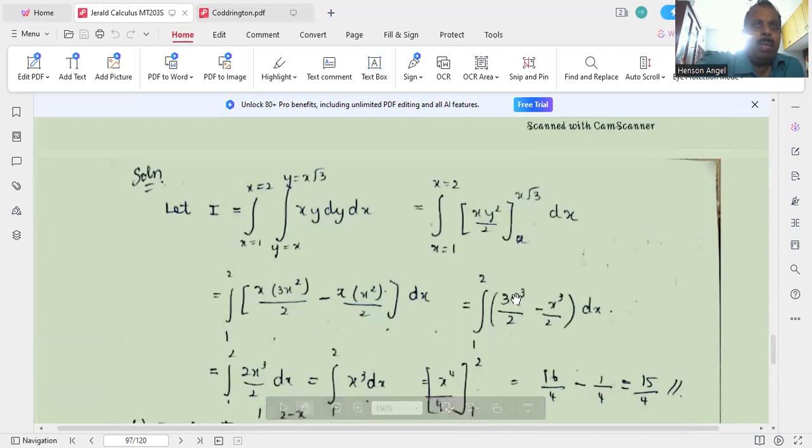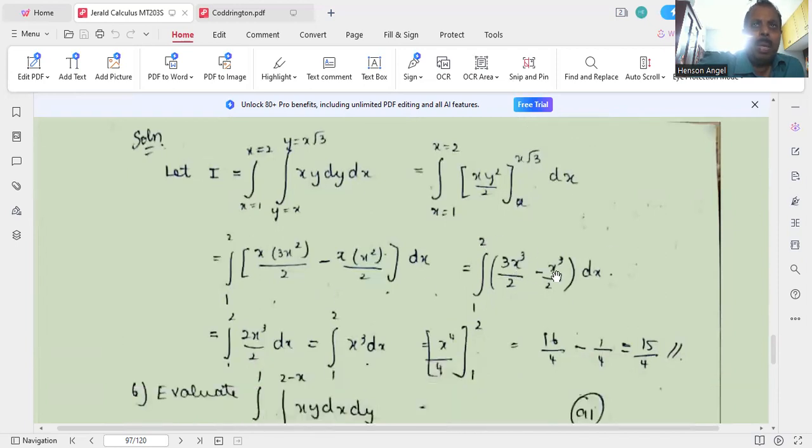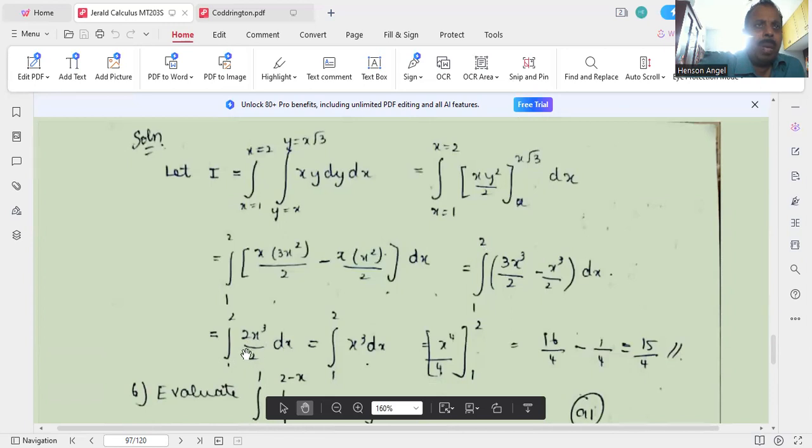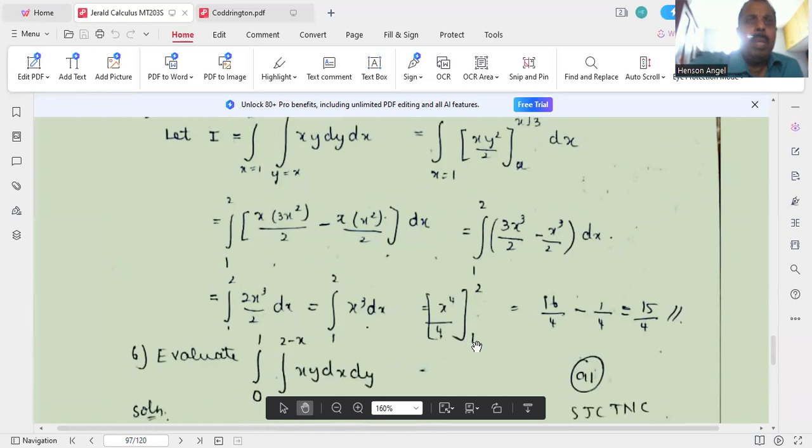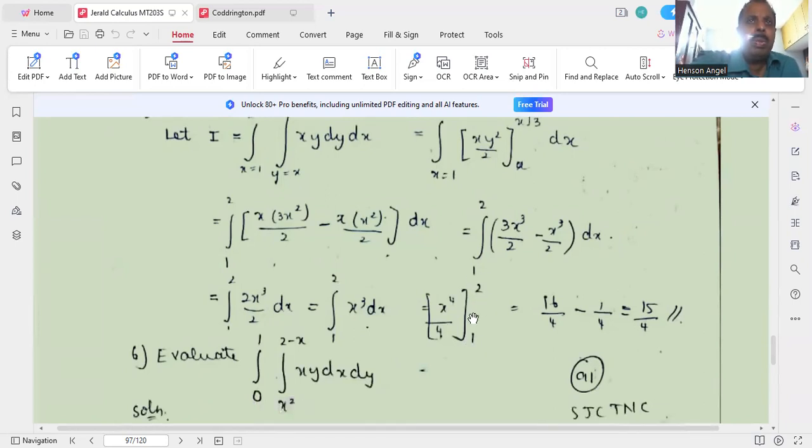When you simplify this, we get 3x cube minus x cube, 2x cube by 2. We can cancel this 2. So we get integral 1 to 2 x cube dx. When you integrate x cube with respect to x, we get x power 4 by 4 with the limit 1 to 2. Upper limit is 2, lower limit is 1.